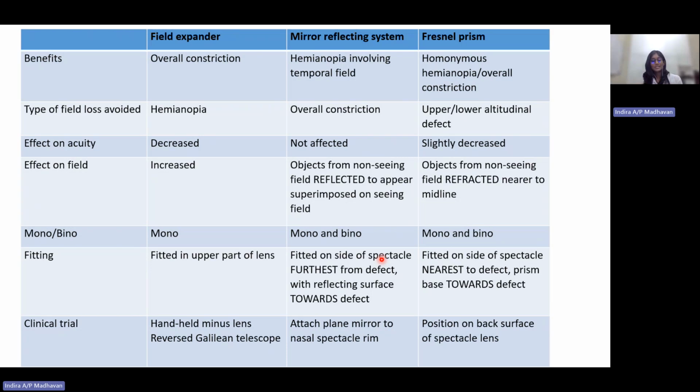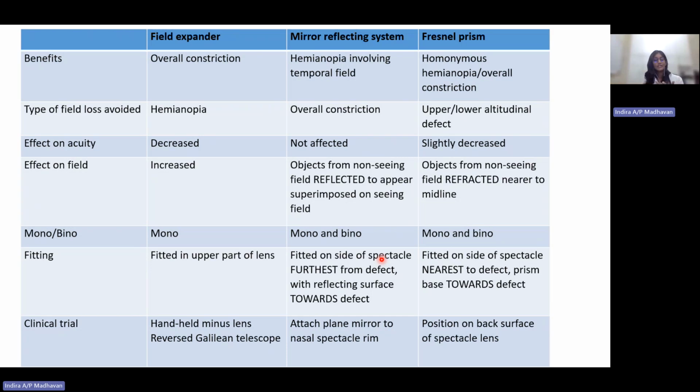So how does this work? You just need to cut the Fresnel prism according to the shape that you want, and stick it on the spectacles so that the image of the non-seeing area is shifted to the center area so that you will be able to see.